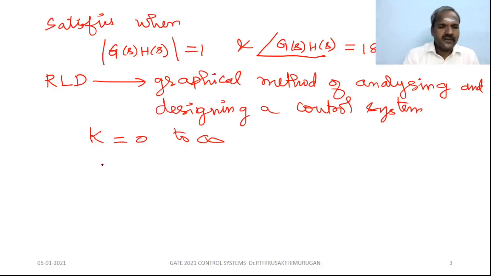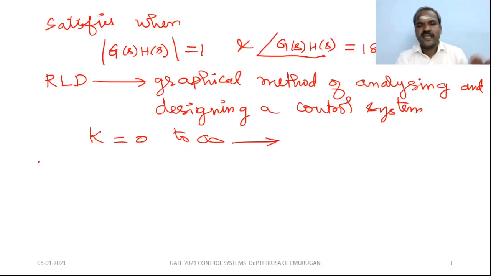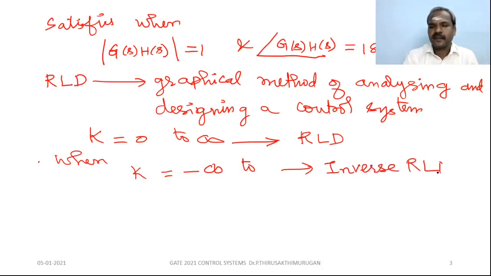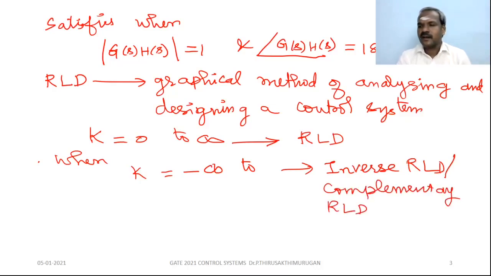So when K varies from 0 to infinity, this is called the root locus diagram. When K varies from minus infinity to 0, this is called the inverse RLD, or complementary RLD. Understand?